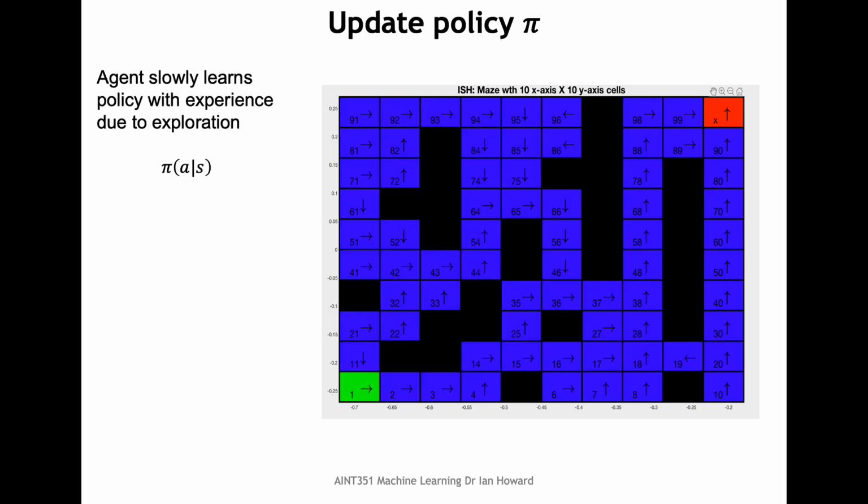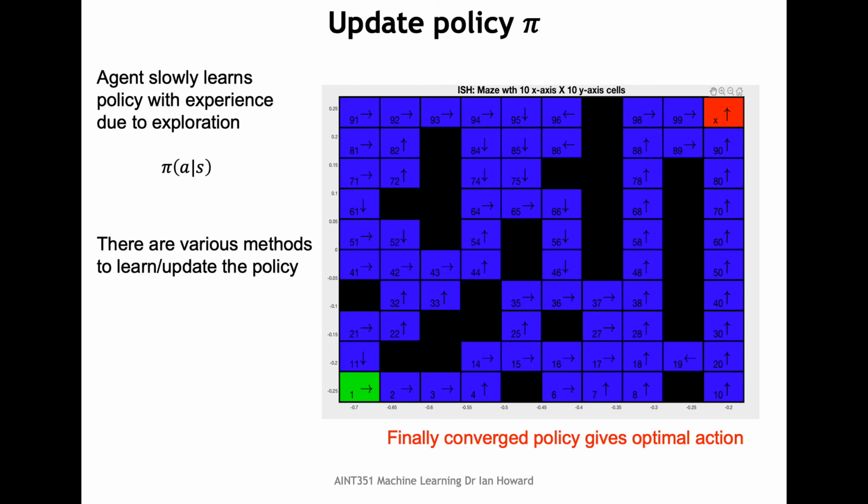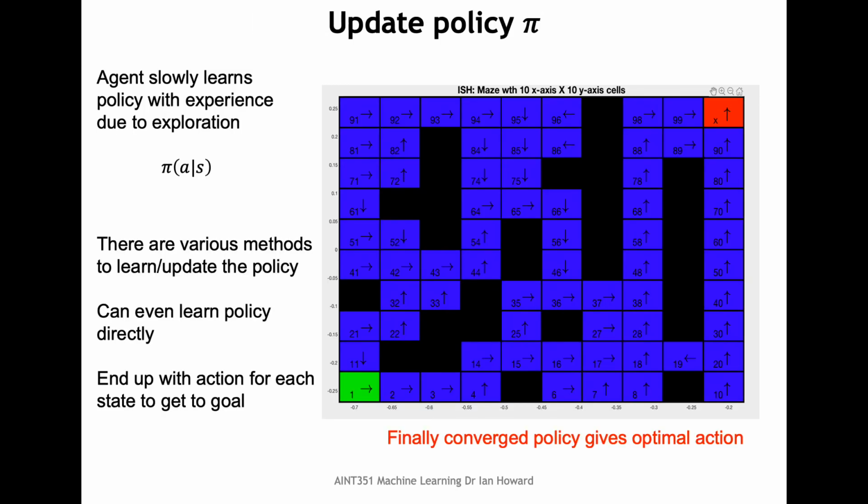And what we would do is we would update our policy. We will come to this in a lot more detail. This is just giving an overview. So finally, we'd learn such that the most probable action given the state is one which is going to lead us all the way to the actual goal.